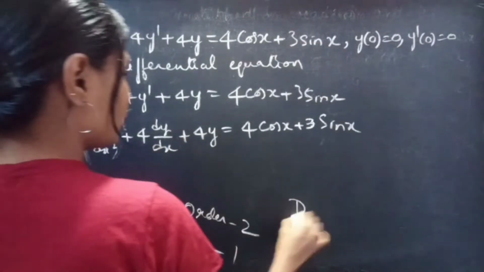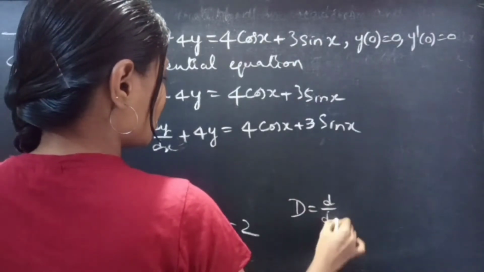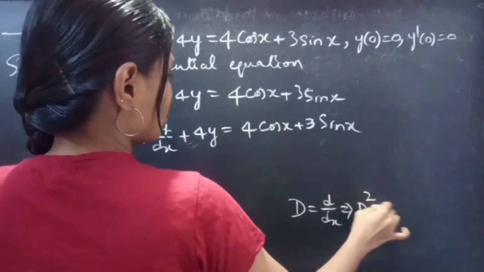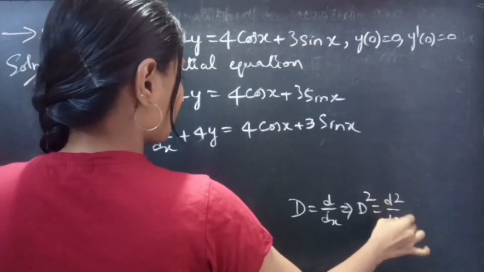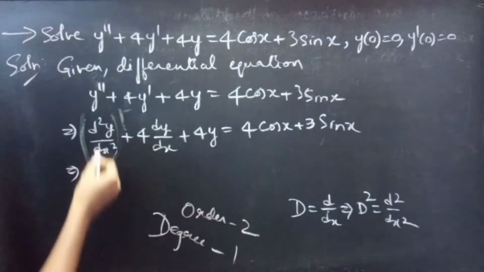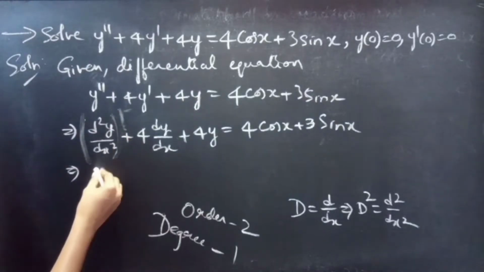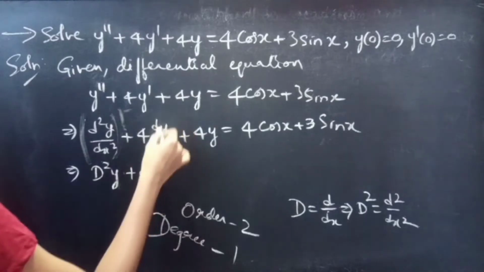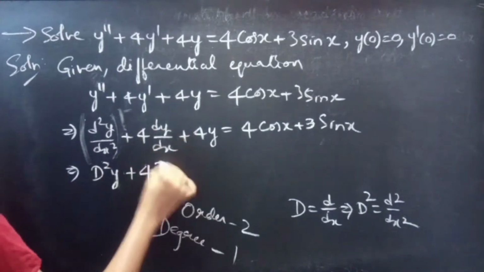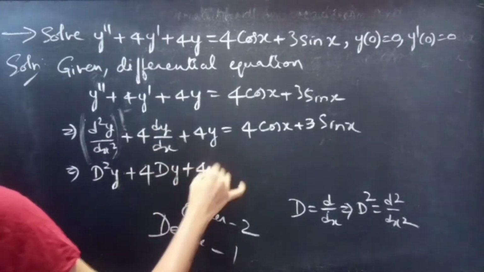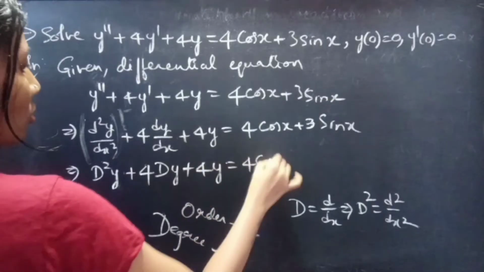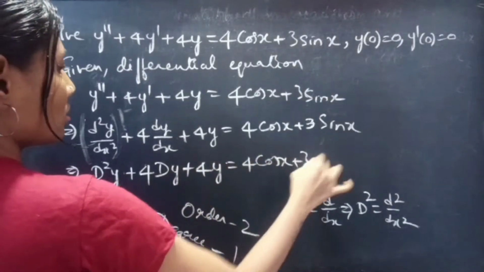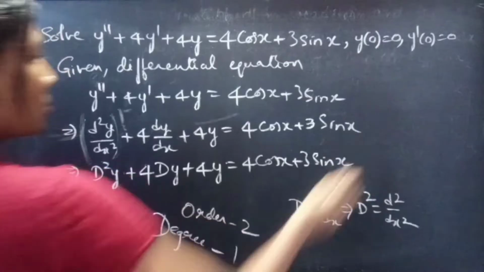Now we'll write the equation in operator form. We know that the differential operator D is d/dx. Then D² will be d²/dx². Now we can write d²y/dx² as D²y, plus 4 dy/dx as 4Dy, plus 4y equals 4 cos x + 3 sin x.